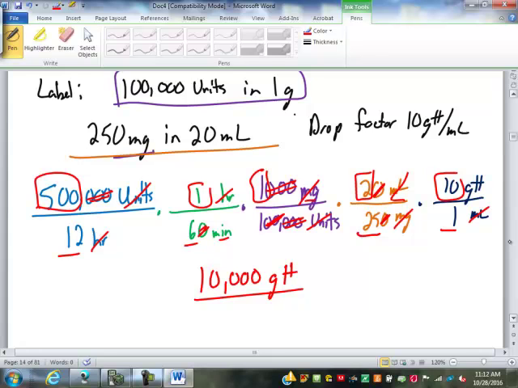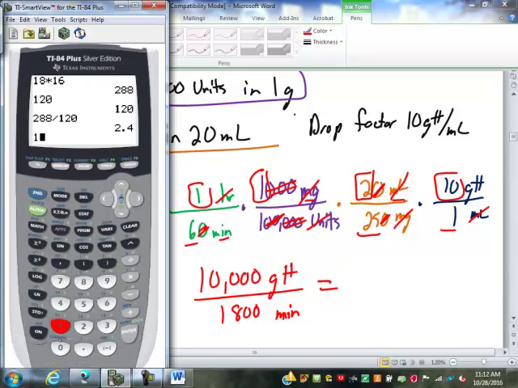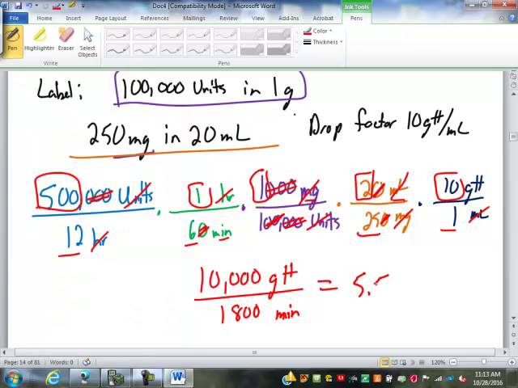So what does that end up being? 1,800. Does that look right? Minutes. So we're going to take 10,000 divided by 1,800. 5.55, 5.56 drops per minute.